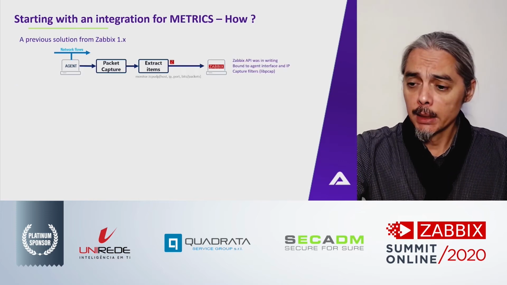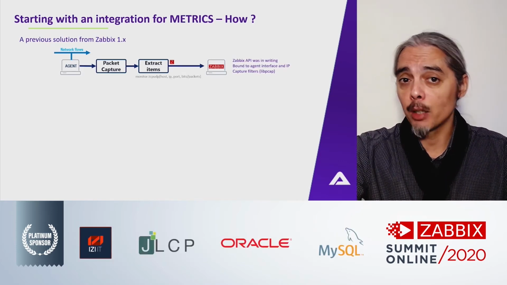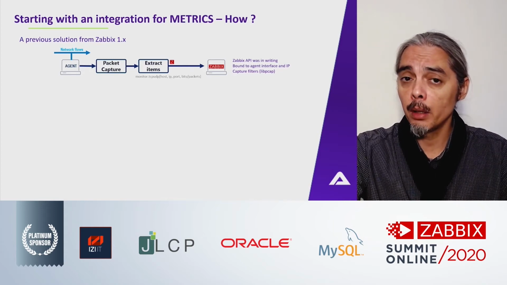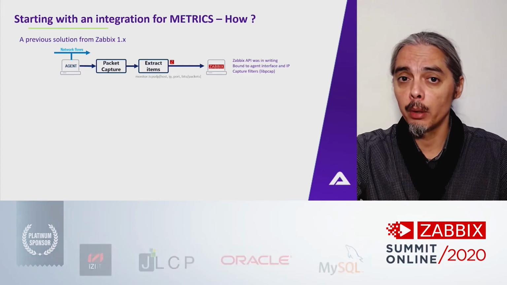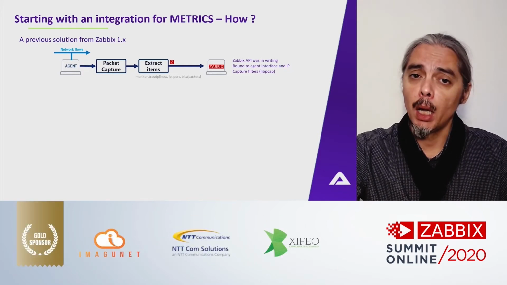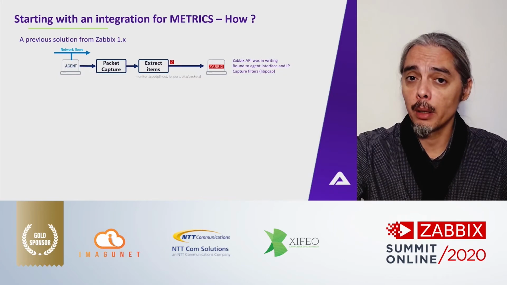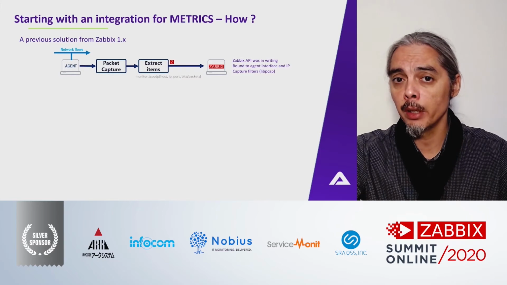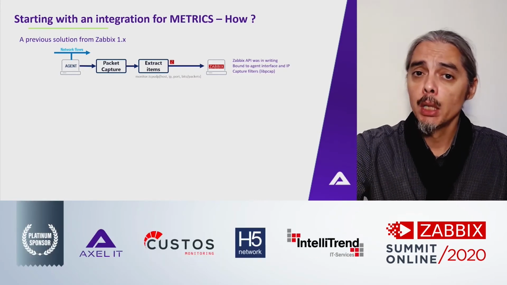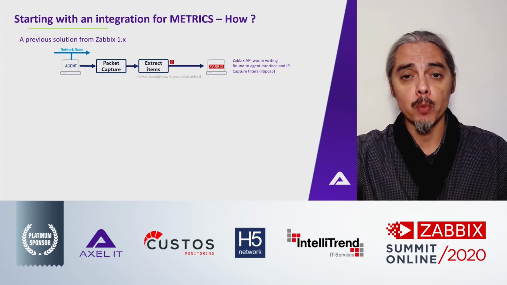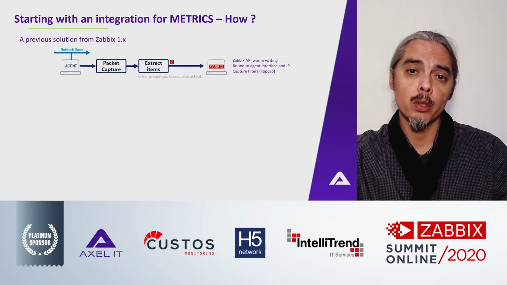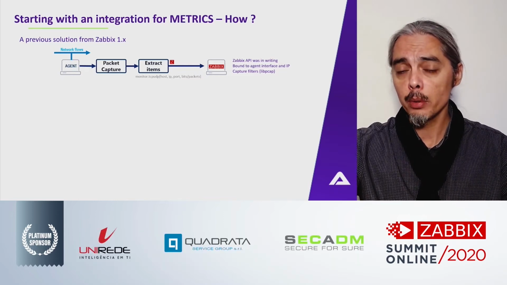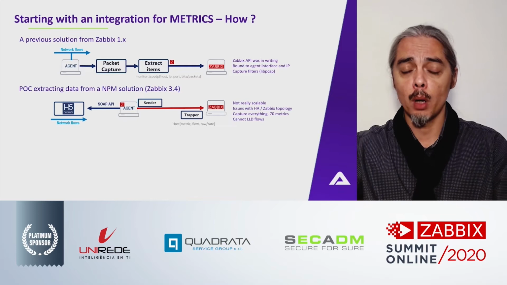Back in the days, before Zabbix 2.0, I think Andrew Nelson, who gave a couple of speeches here at previous Zabbix Summits, made a quick evolution of the Zabbix agent, which used libpcap to make a packet capture, sort through the data obtained, identify network flows through packet filters, and then send that data to Zabbix.